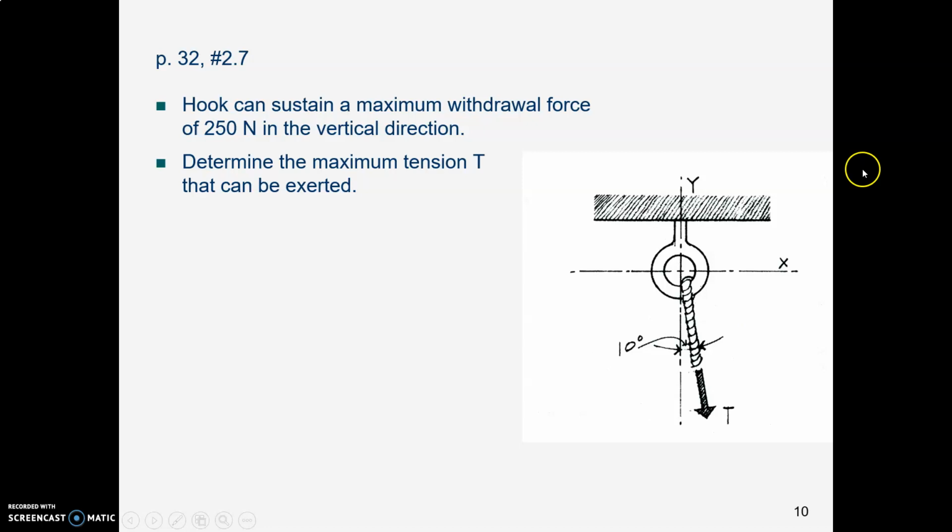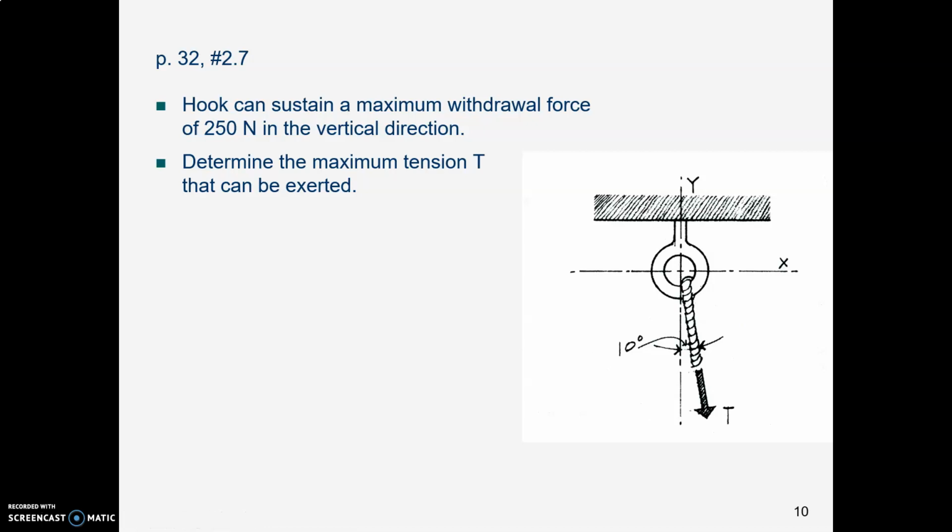What it's trying to say is, if you pulled straight down with just a hair over 250 newtons, that thing would pull out of the ceiling. So up to 250 newtons pulling straight down, it will hold.